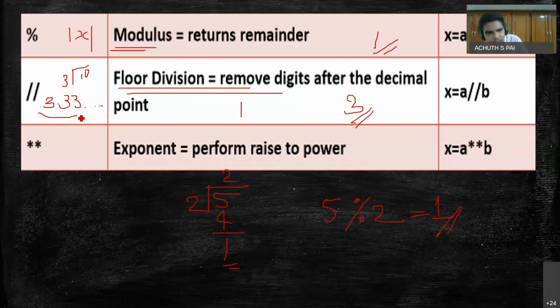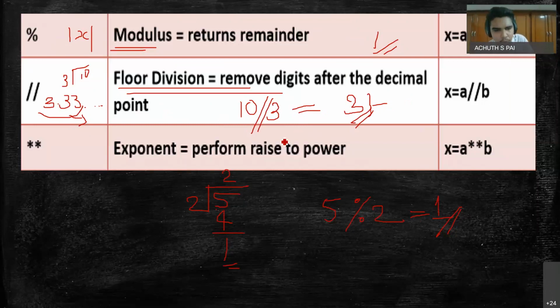See, from 3.333, when we use floor division, we get a simple 3. That is what the floor division does. So for floor division, we must write 10, 2 slashes and 3, and we will get the answer as 3 because all the decimal points are removed.